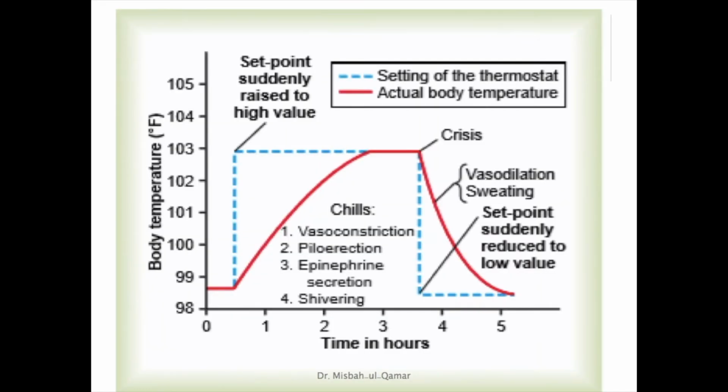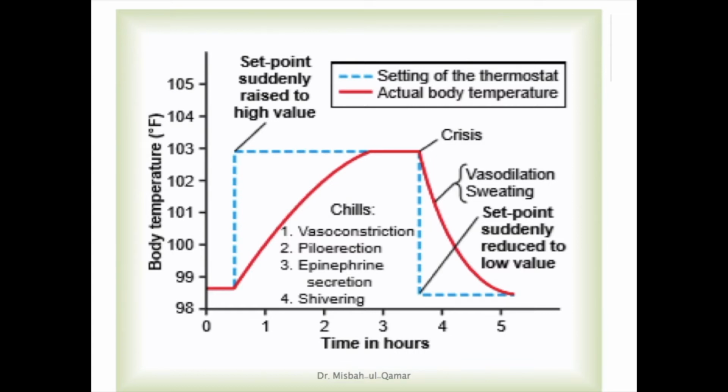Now, in this figure, you can see that there are two unique features, or you can say two phases of the febrile conditions. First one is the chills, and the second one is called crisis or flush.